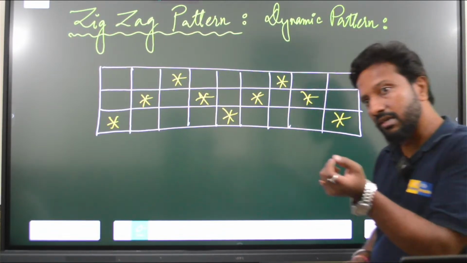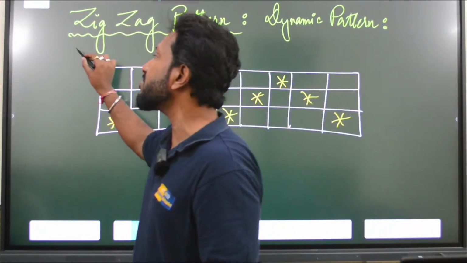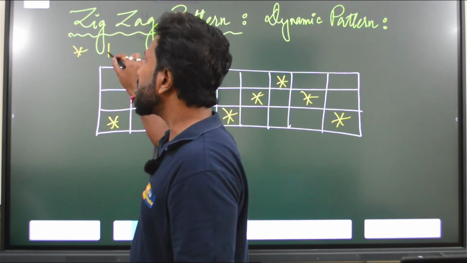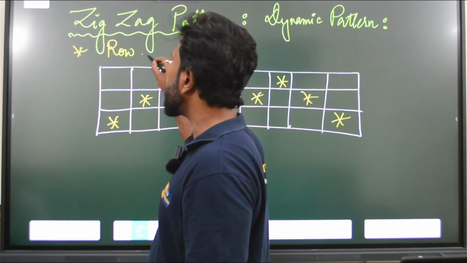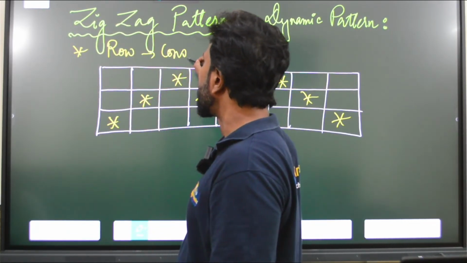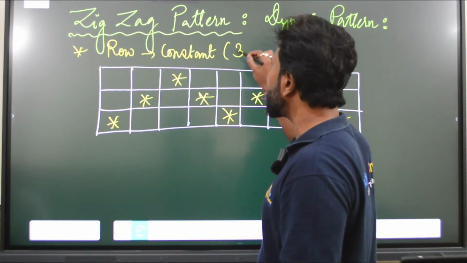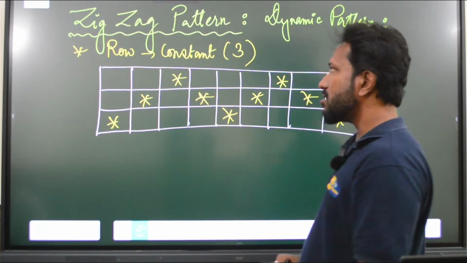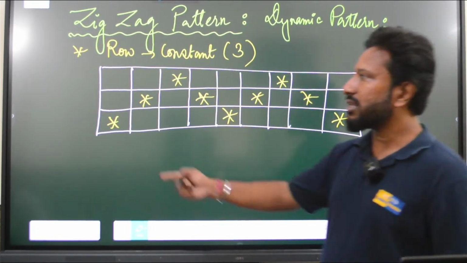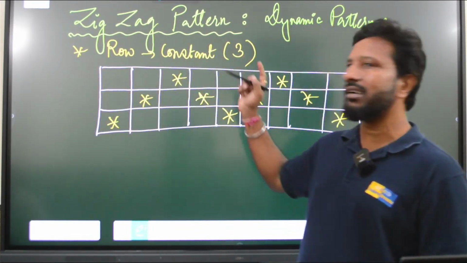Here the purpose of giving this kind of question is that the row value is constant. Constant means the row value is 3, it will not change. Okay, either you can say 0, 1, 2 or you can say 1, 2, 3, doesn't matter.